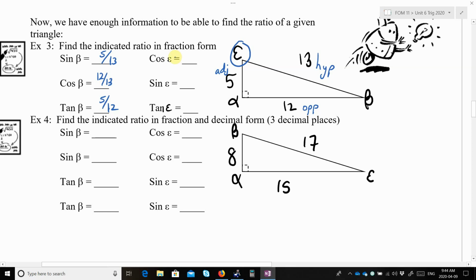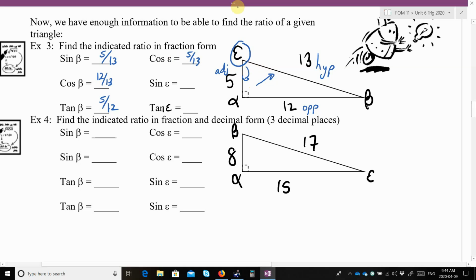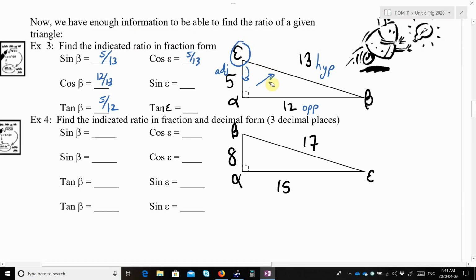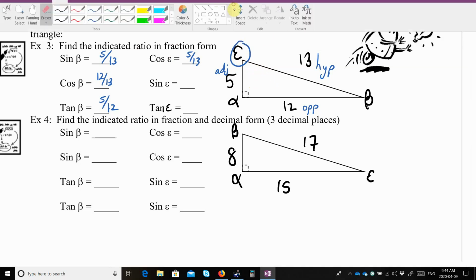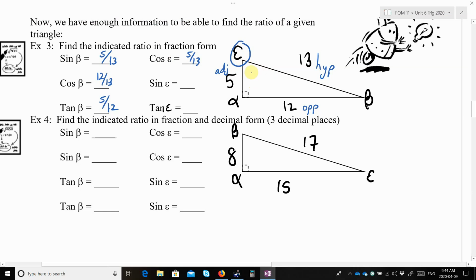Okay, so cos of epsilon, cos is adjacent over hypotenuse, so we've got adjacent over hypotenuse, so that's going to be 5 over 13. Sine of epsilon, sine is opposite over hypotenuse, so it's going to be 12 over 13.